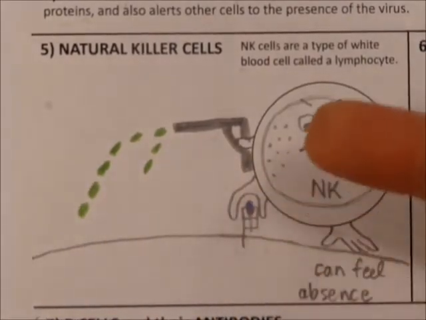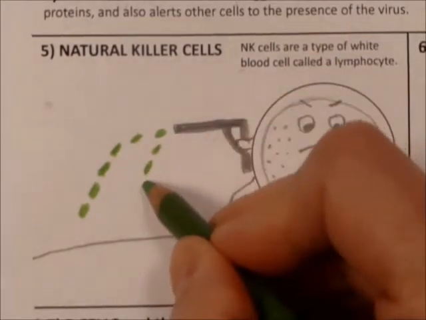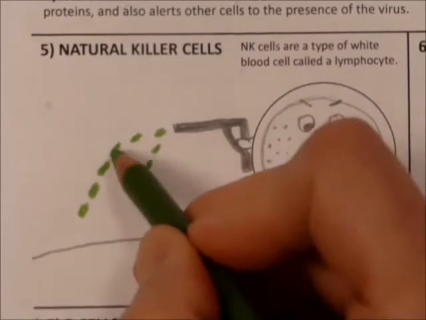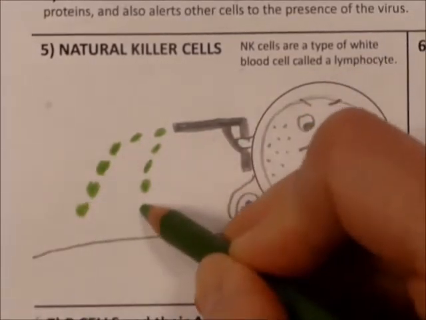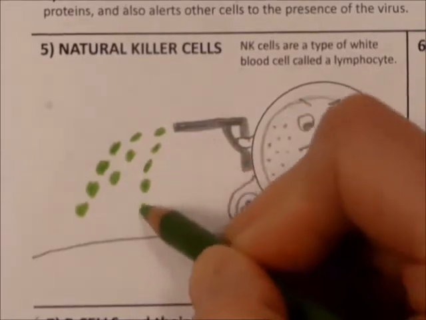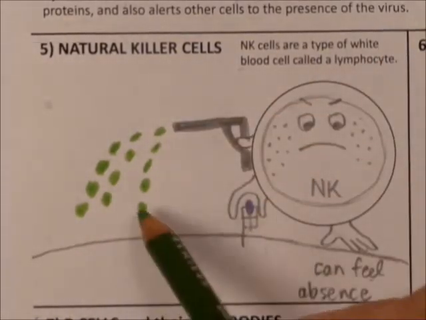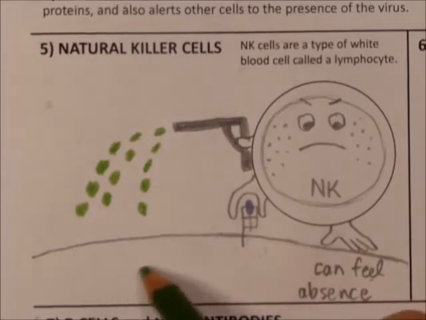As they hit the cell, and now we kind of have to make them going down because of the way our drawing is, but it would probably just aim right at the cell. But we just have an awkward space to work with. So as they come out, the proteins are going to assemble themselves automatically. They'll just lock together to form a ring, and they'll actually make a hole.